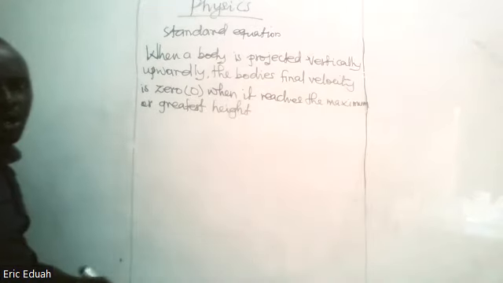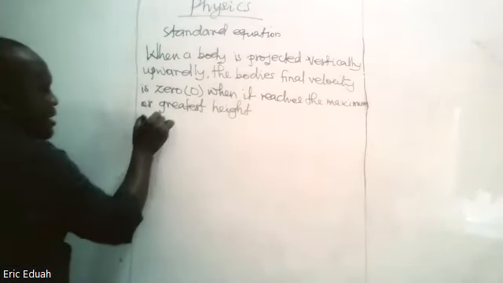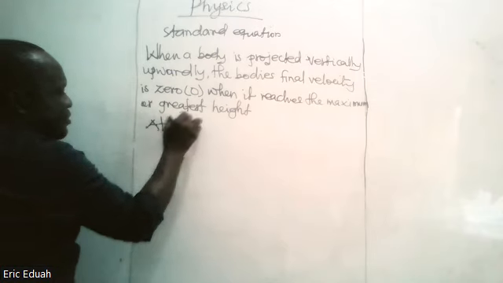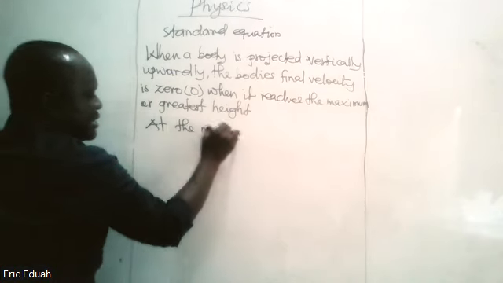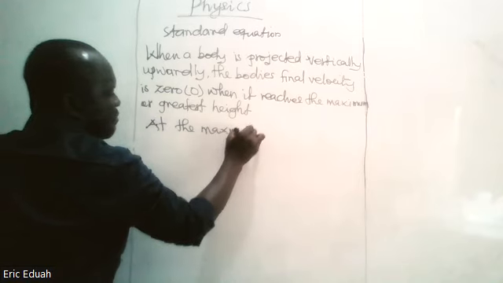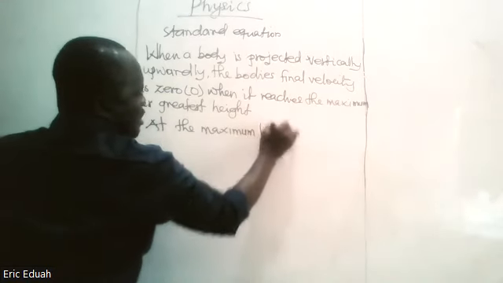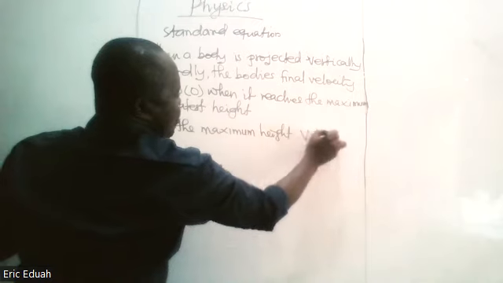So all that we are saying is that at the maximum height, V must be equal to 0.